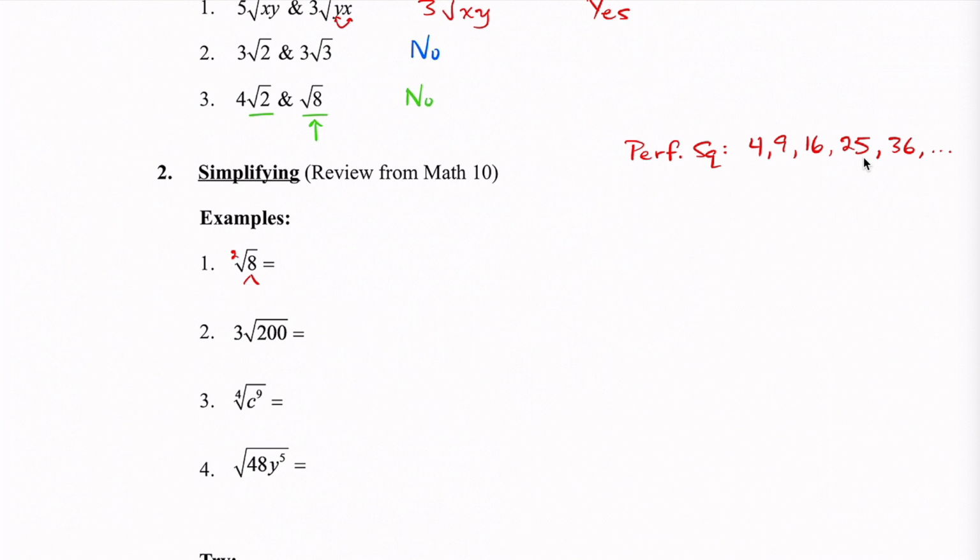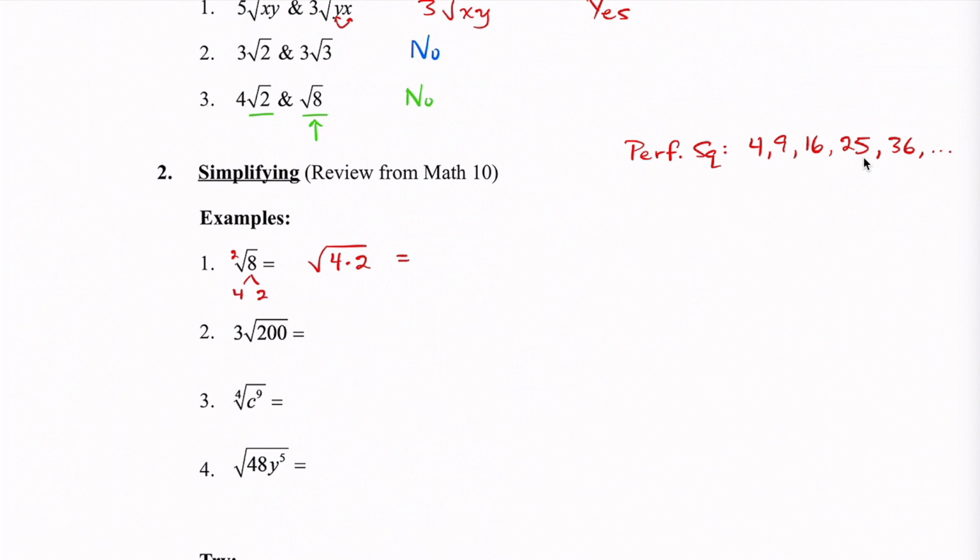So we're going to break down the 8 into one of those perfect squares, and I have a 4 there, so I'm going to break it down into 4 times 2. Now the first one, I'm going to do it kind of slower, and then after that, we're going to go a little faster. So square root 8, I could change into 4 times 2.